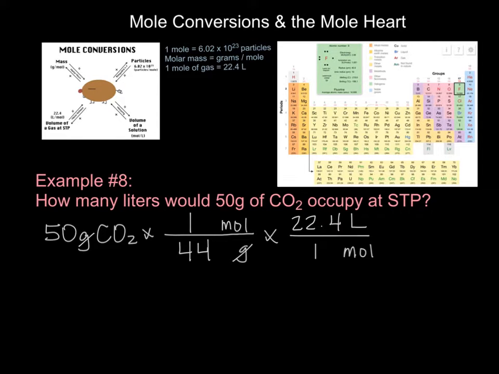And so now I can put this into my calculator, and my moles have canceled, and I'm left with liters, which is what I was after. So 50 divided by 44 times 22.4. And I get 25.45 liters of CO2 gas.